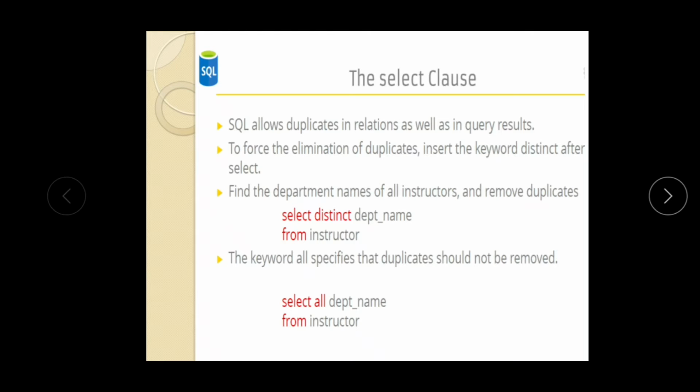The select clause. SQL allows duplicates in the relation as well as in the query result set. So in a normal select, it will select the duplicate values also. Look here.